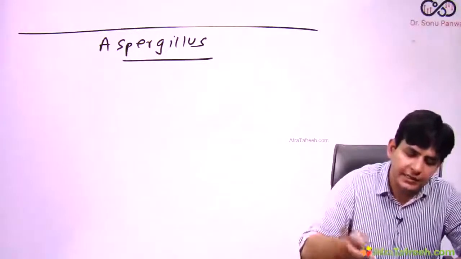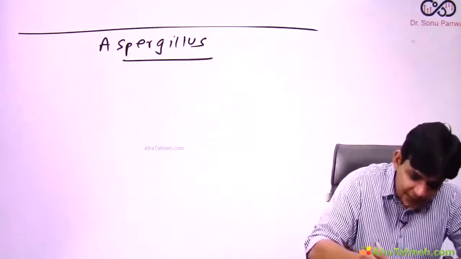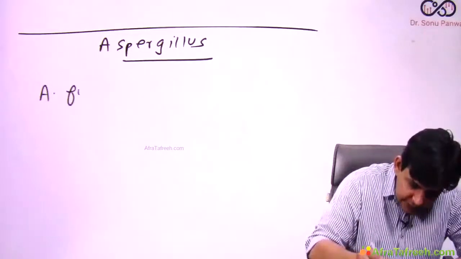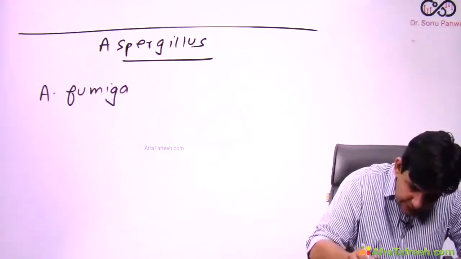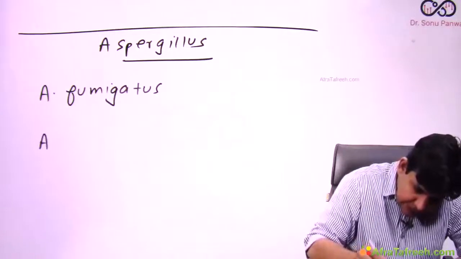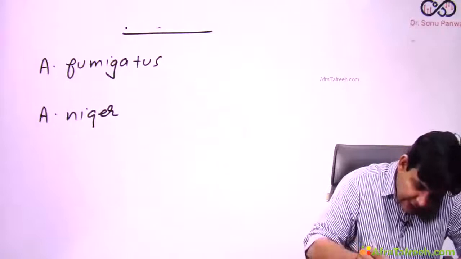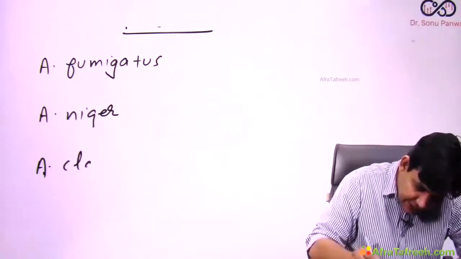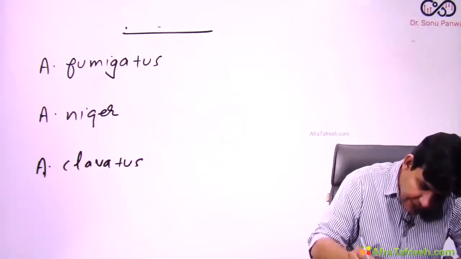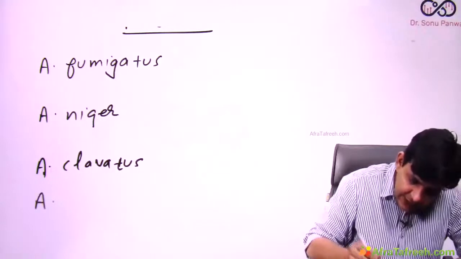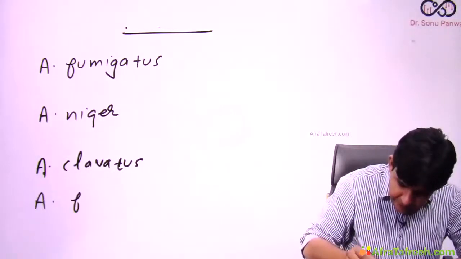Aspergillus has various species. One is Aspergillus fumigatus, one is Aspergillus niger, one is Aspergillus clavatus, and one is Aspergillus flavus.